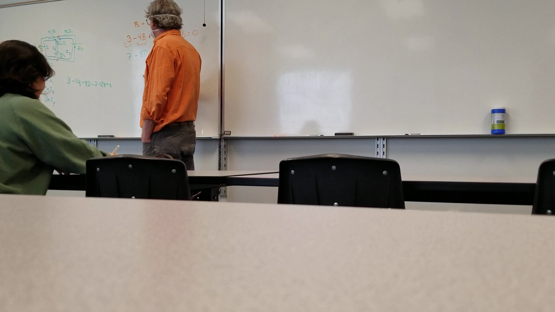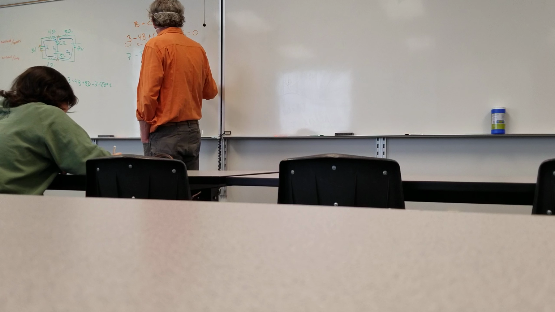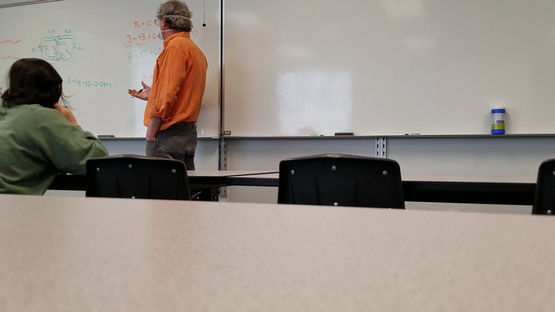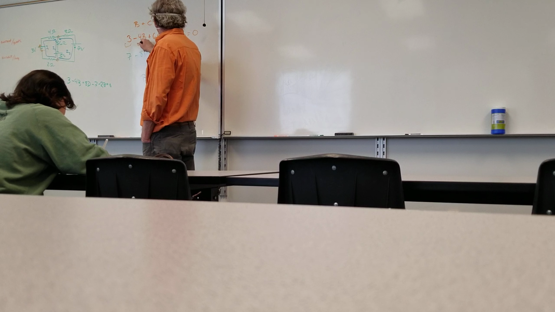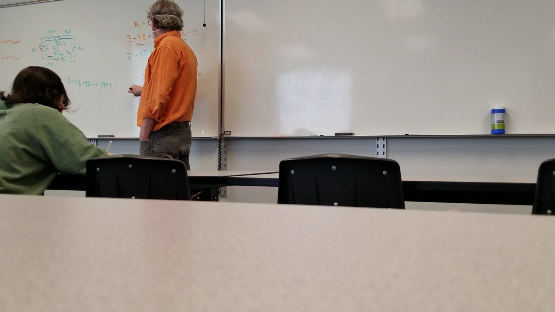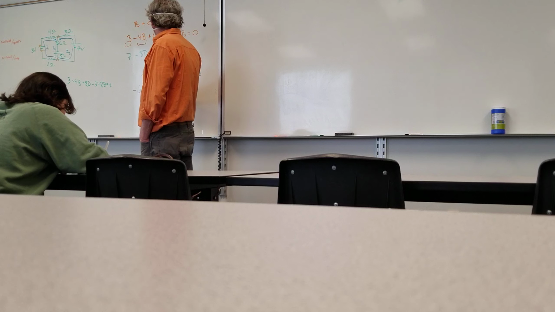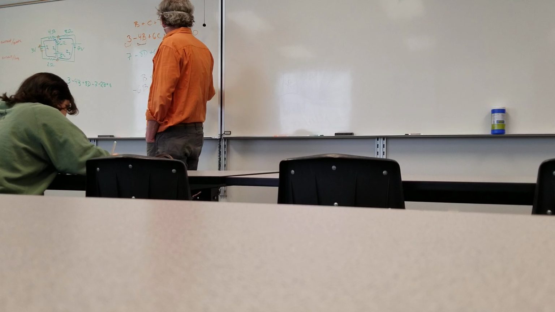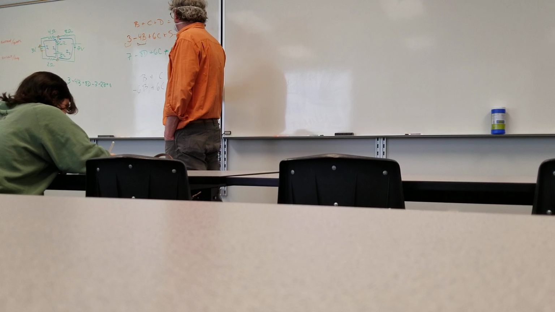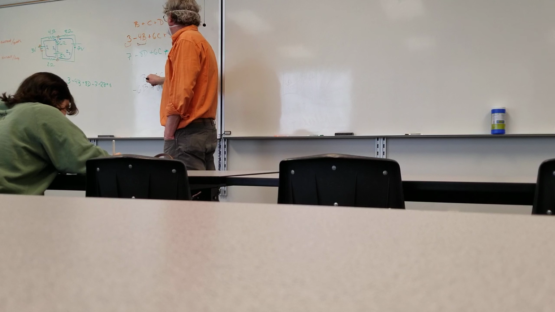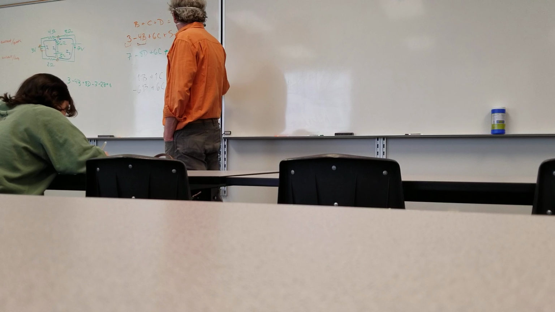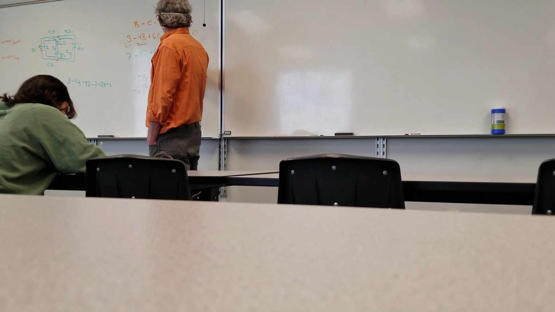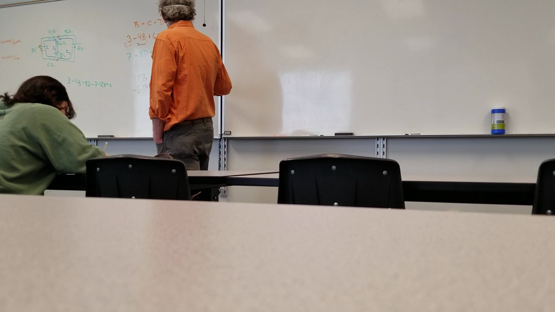So we got B plus C plus D equals 0. First off, I'm gonna line up everything here. So I've got negative 4B minus 2B, so I have negative 6B plus 6C plus 0D. There's an implied 1 in front of all of these. Equals, so I got 8, bring it over, negative 8.